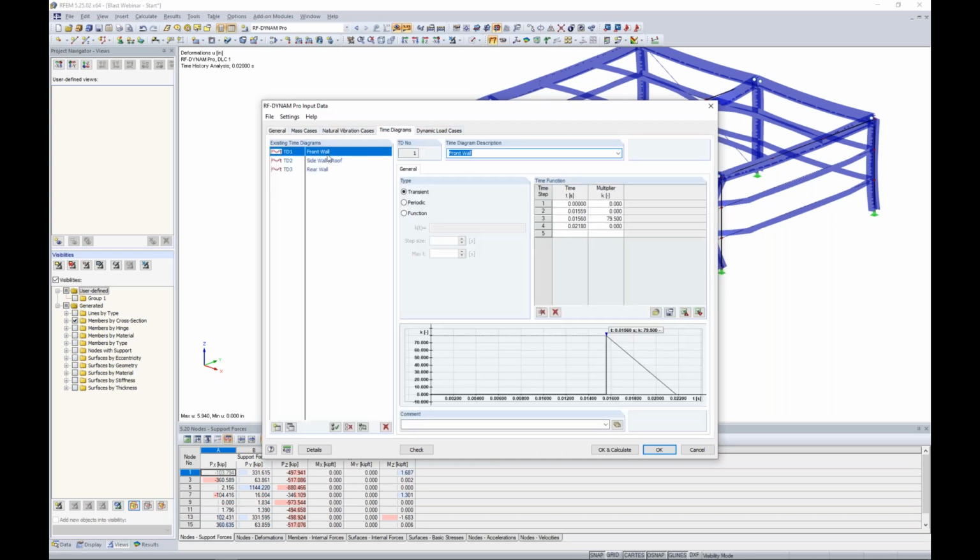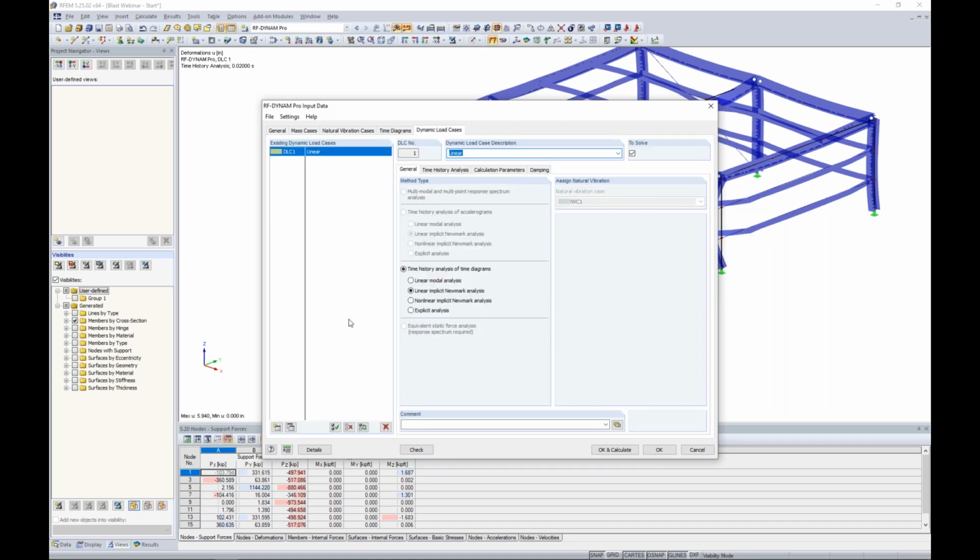In fact, my time diagrams that I previously defined, we're going to use those again. Under the dynamic load cases, I'm only going to make a copy here of my linear load case, and we'll call this one nonlinear.